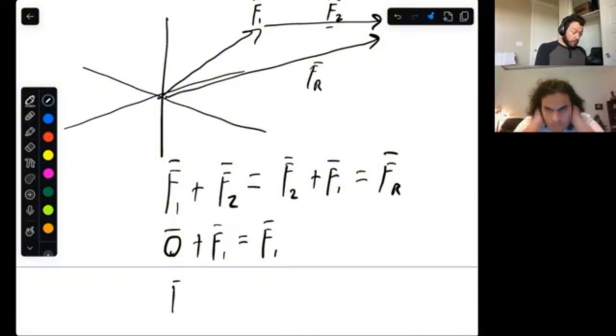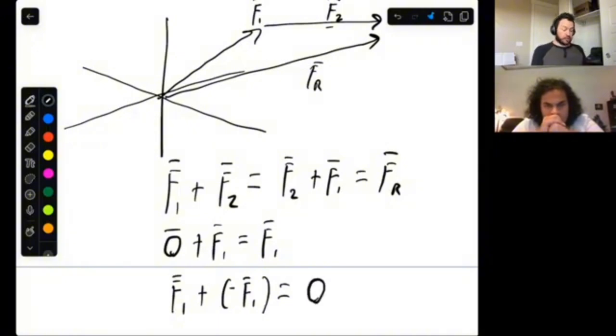For any given force, there's a negative force, a certain kind of force that if you add it to that force, you get the zero force. Okay? There's a few more, but I'm going to stop. I've been encouraging you to think about these as physical rules, and these are just obvious physical rules.